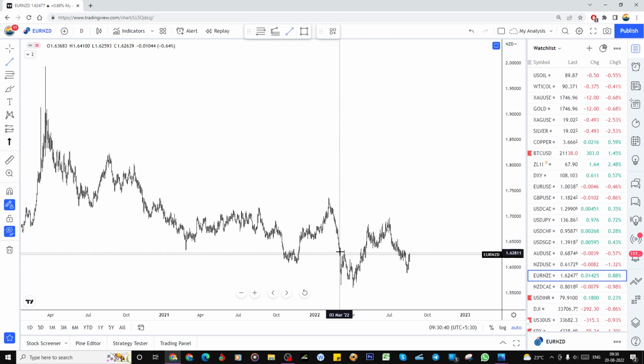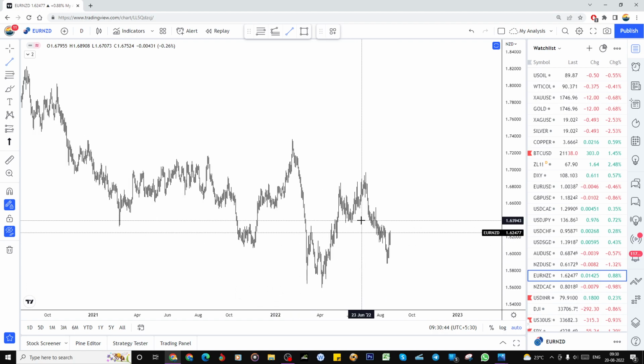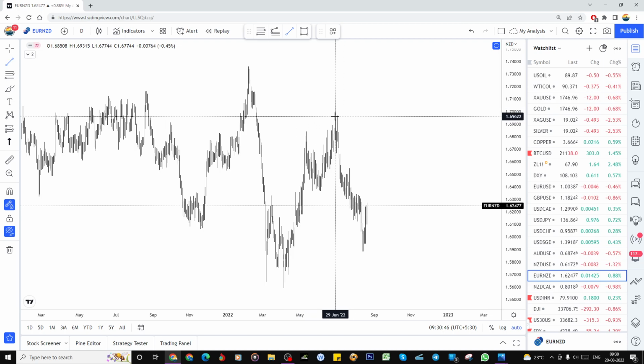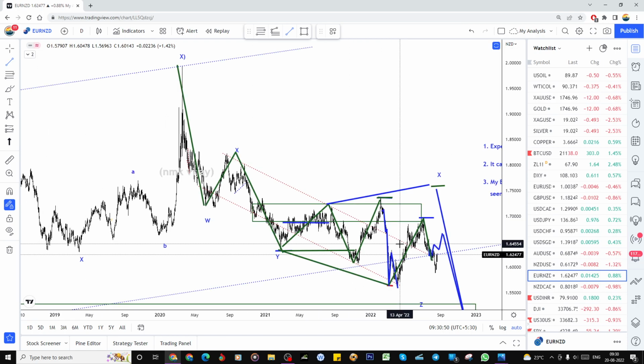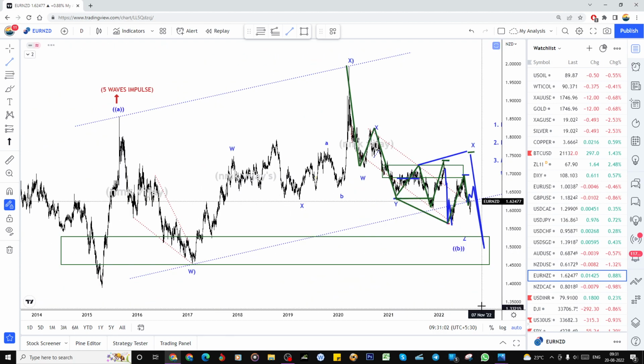After this, whether this is one three-wave structure, or from here it is in the making, at the completion of that correction here, and we are in the downtrend, it's very tough to predict now. And I already explained that the euro is also a weaker currency, New Zealand is also a weaker currency, so how it will move is unpredictable. But the target remains the same, 5.2 or 1.5.